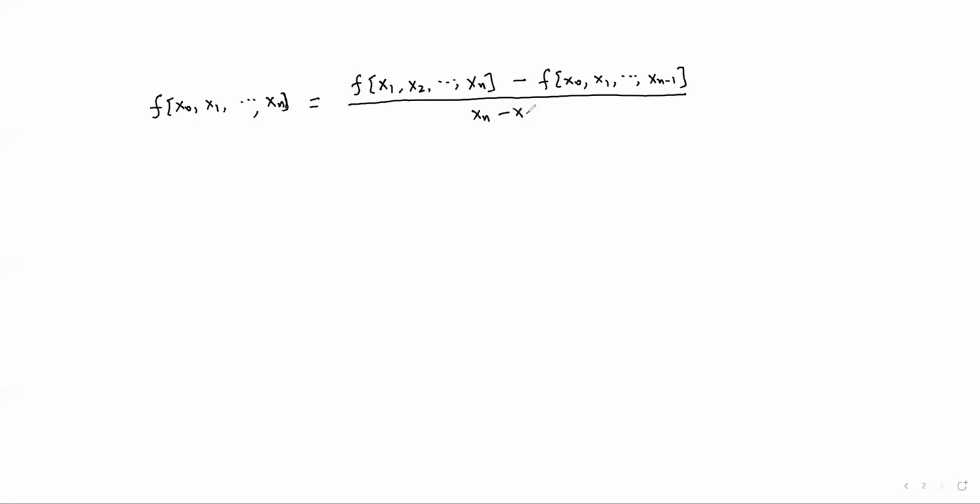All over xn minus x0, where the initial divided difference is defined to be the function value. This is a function value at xr.